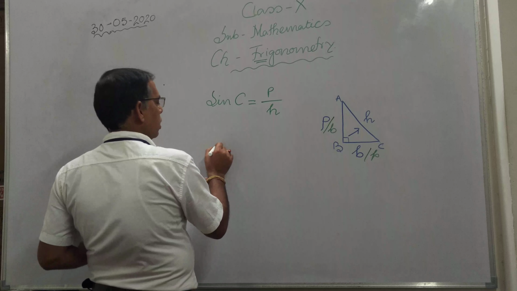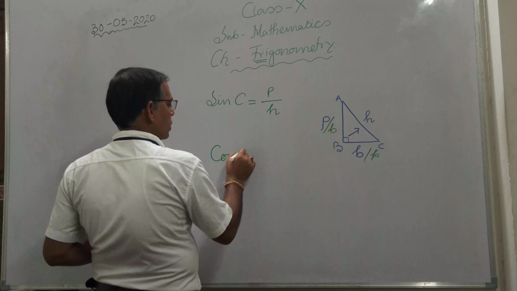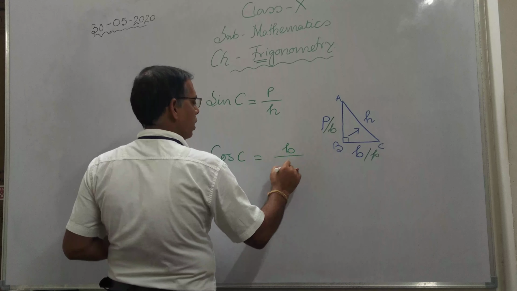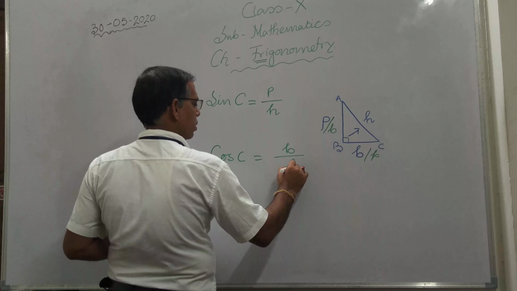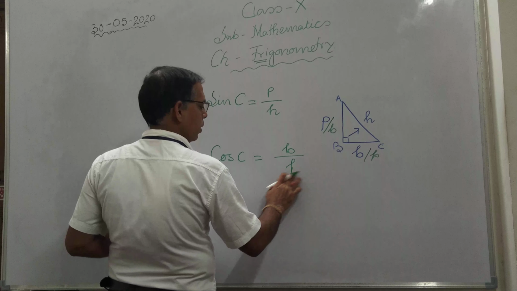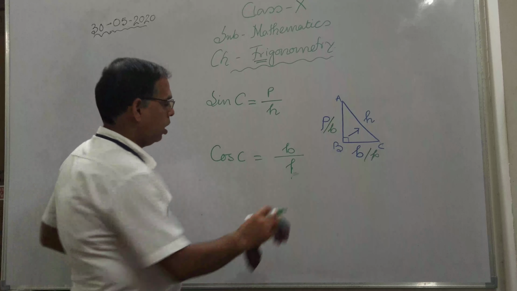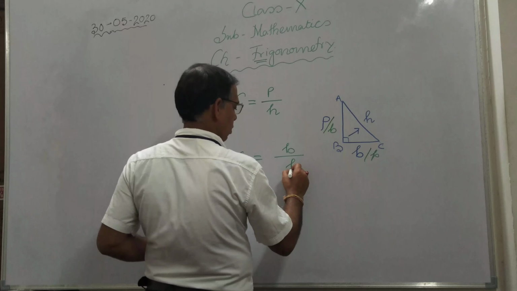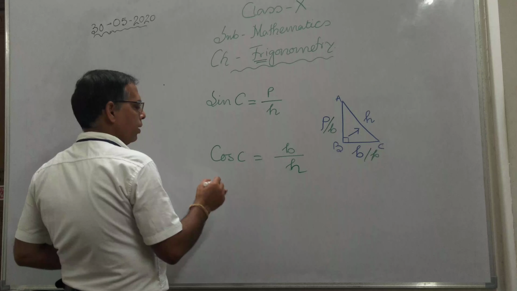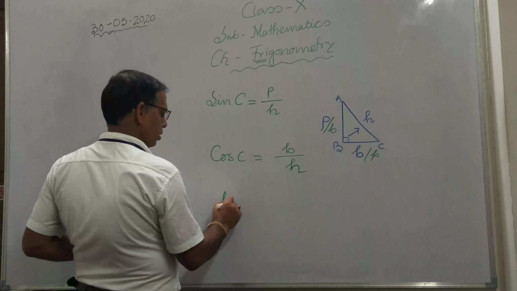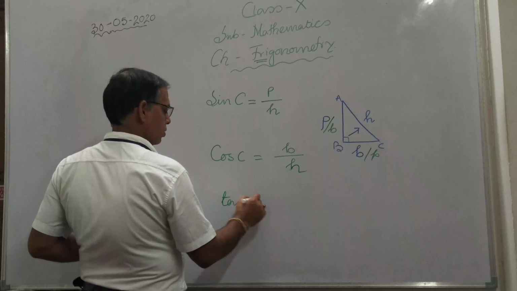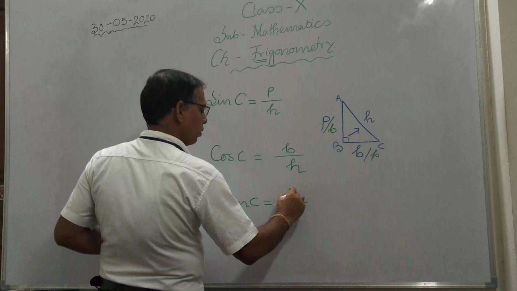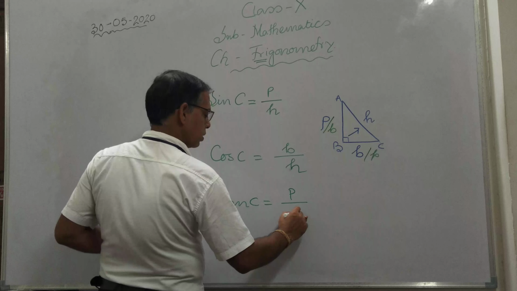Then cos C equals base by hypotenuse. Then tan C equals perpendicular by base.